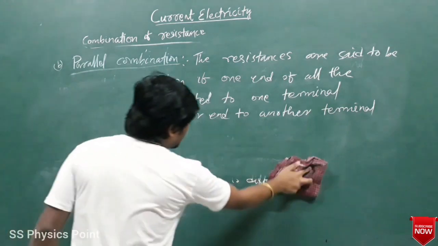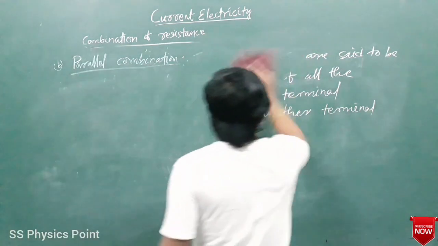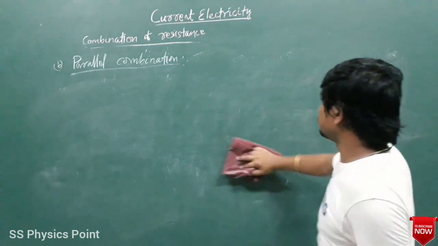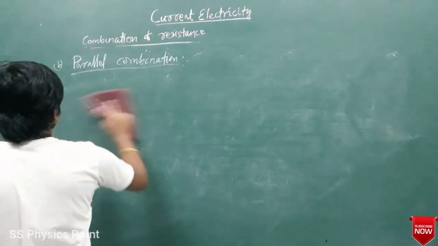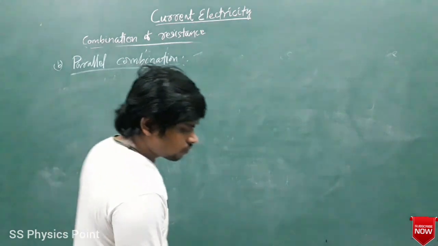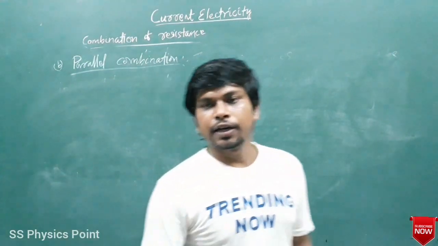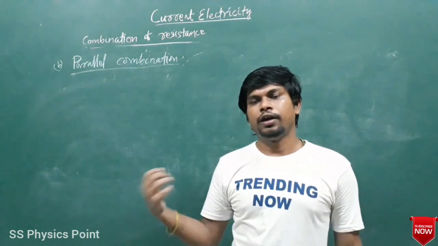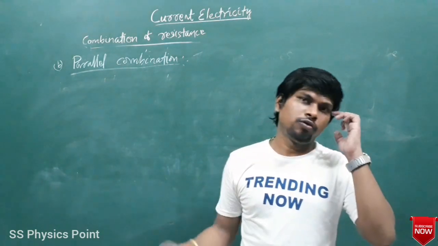Let us consider, write down, let us consider three resistors. Write yourself. Let us consider three resistors of resistances R1, R2, R3 are connected in parallel combination with a battery of V volt.